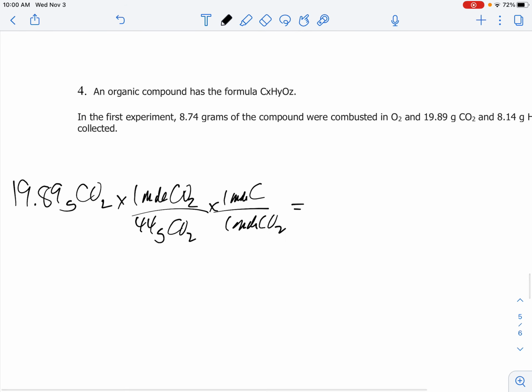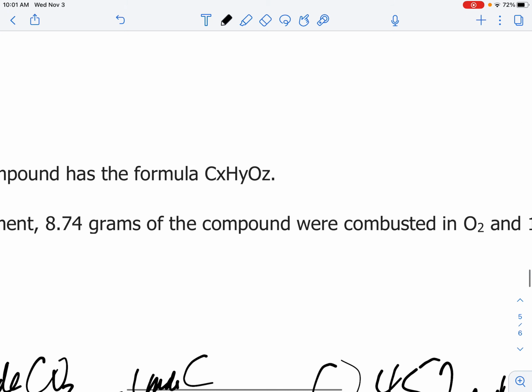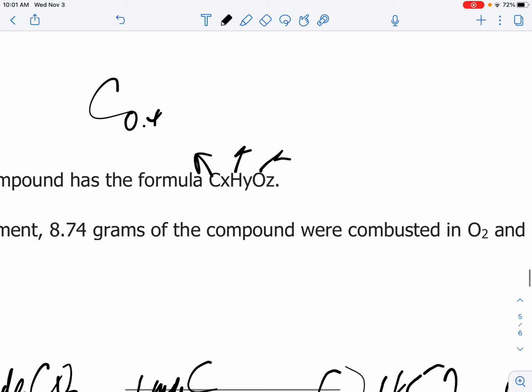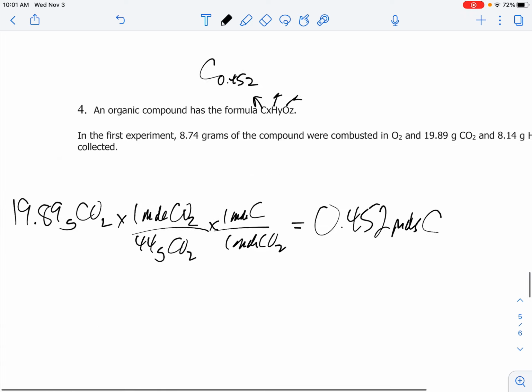So 19.89 divided by 44 gets me about 0.452 moles of carbon. So for my formula here, my carbon is 0.452.